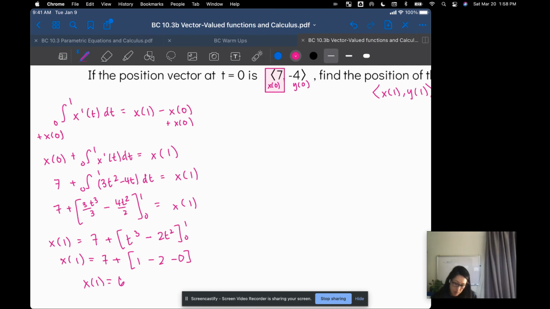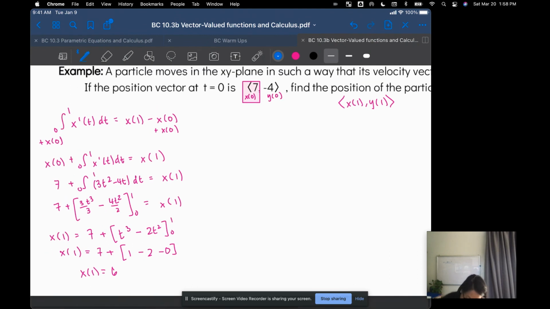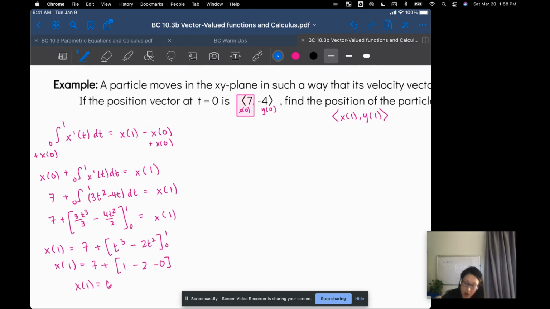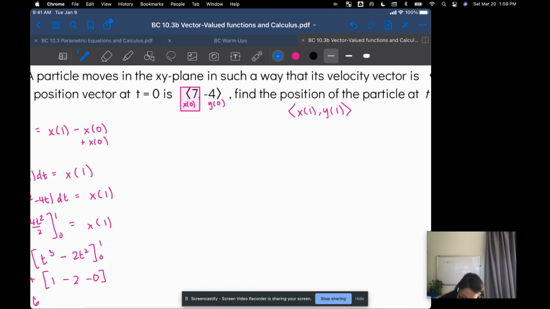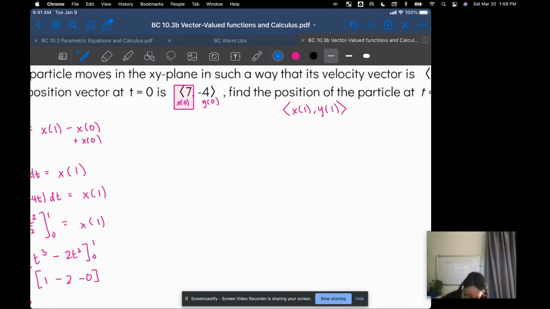Okay, next up, I'm going to get my position of the y component. I am going to do this one differently. You do not have to use the fundamental theorem of calculus. What you can do is take the indefinite integral of y prime of t dt, which is the integral of 8t cubed plus 5 dt.